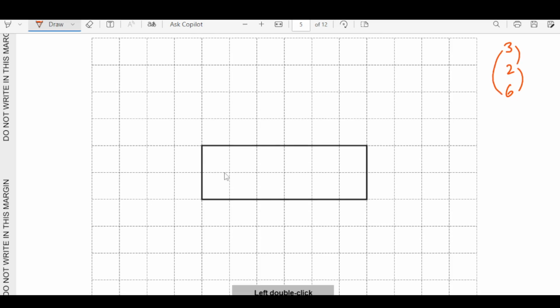Now if you see this, we have 6 this side and 2 this way, so 6 by 2, right? One is there, and we should have 2 faces of 6 by 2. Another face can be 3 by 2.